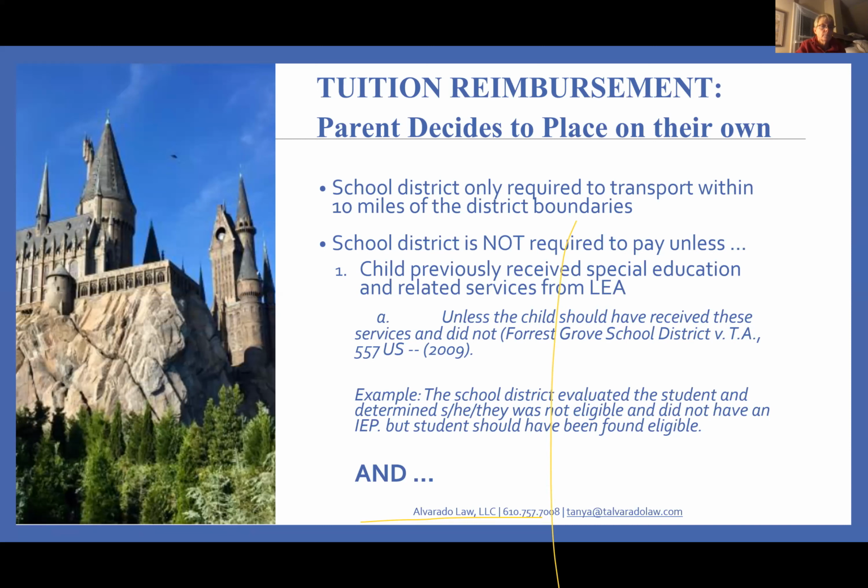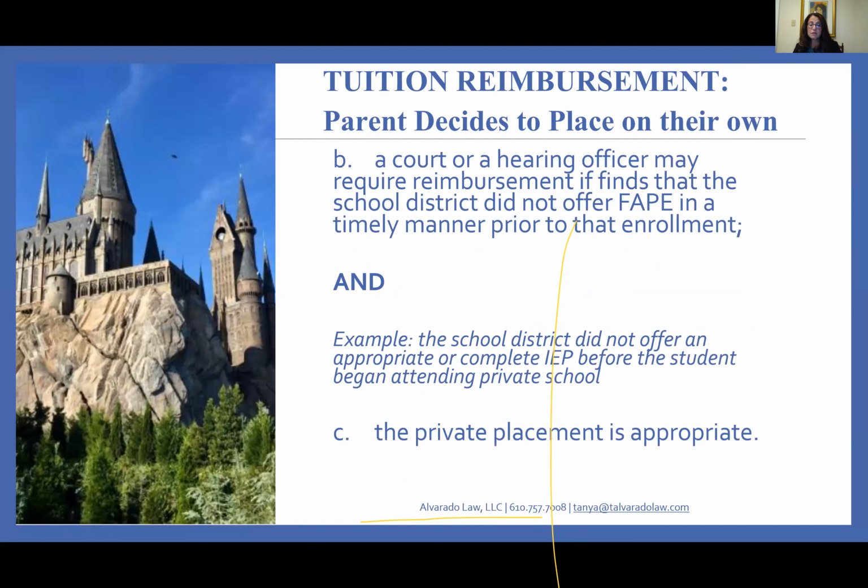Okay. So we have transportation and some of these conditions where the school district would be required to pay for or reimburse for tuition. It's a child who's identified or eligible for special education services.